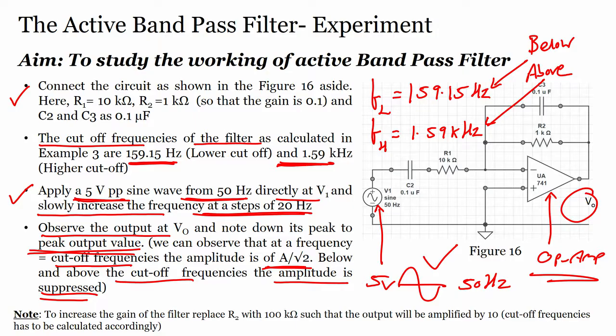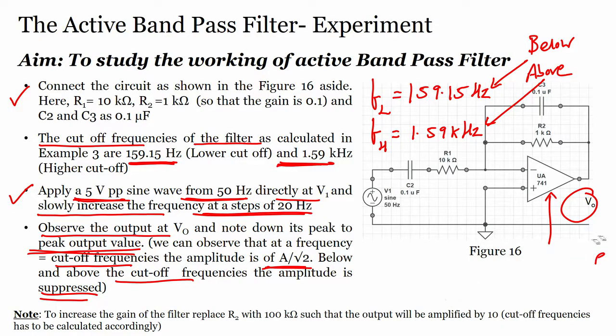Two, when applying 5 volts peak to peak, the peak to peak output voltage at the cutoff frequency has an amplitude of A by root 2, and below and above the cutoff frequencies, the amplitude is suppressed. What is meant by suppression of the amplitude? Let us see.